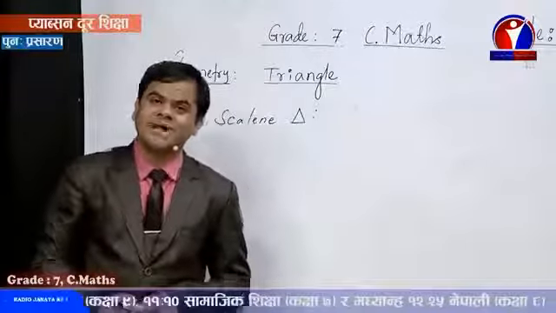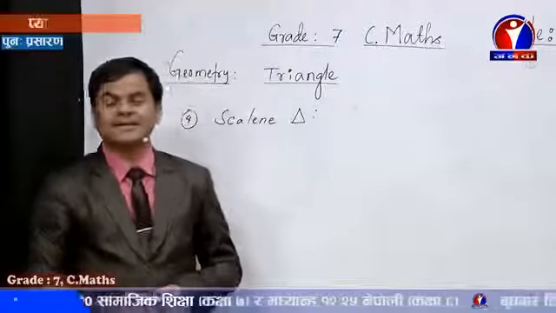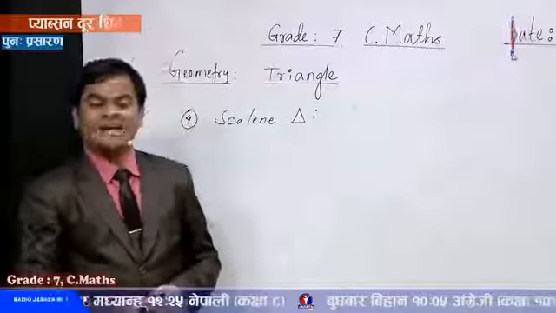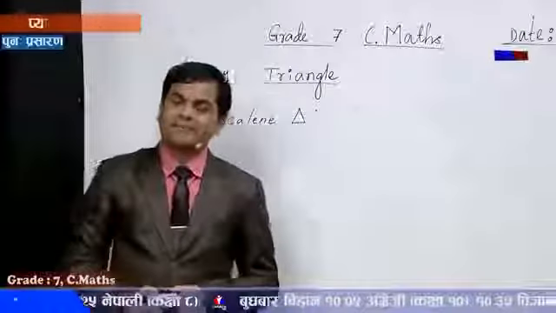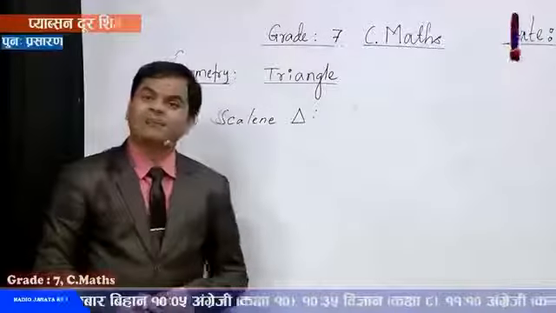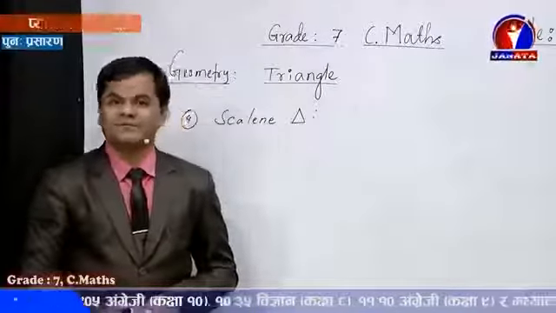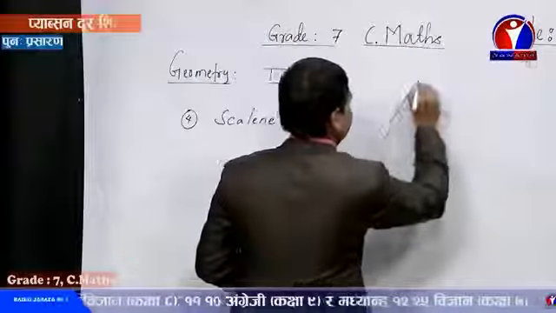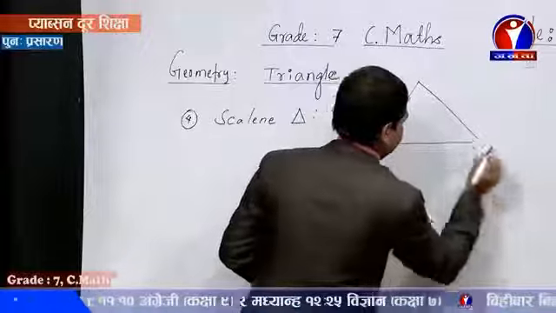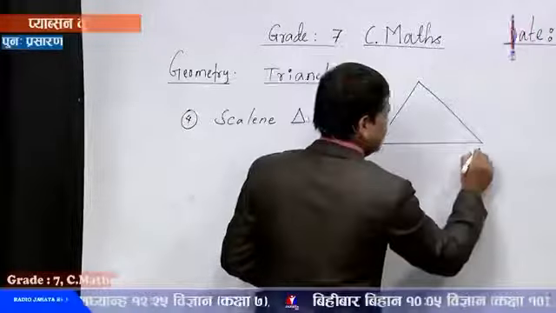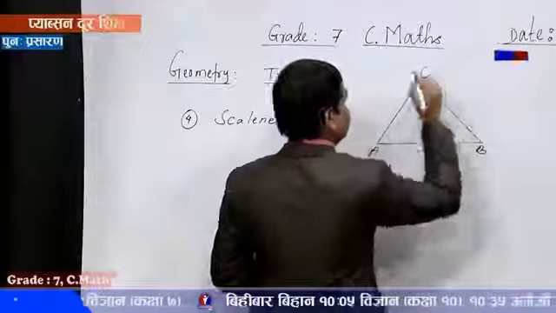The measures of the sides of the triangle will be different, and the angles formed by those three sides when they are adjoined, making the three vertices, all become of different measurement. It means, look at this, dear friend, let's suppose this one is A, this one is B and this one is C.